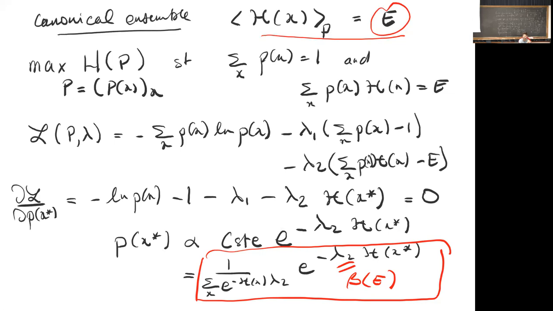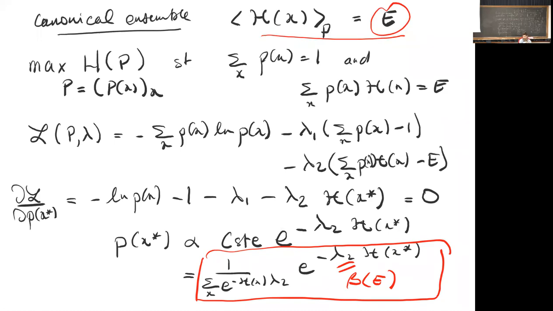Because this inverse temperature is a Lagrange multiplier. So by fixing the value of the Lagrange multiplier, you can verify the constraint of fixed energy. There is a value of this Lagrange multiplier that fixes the internal energy to whatever value you want.